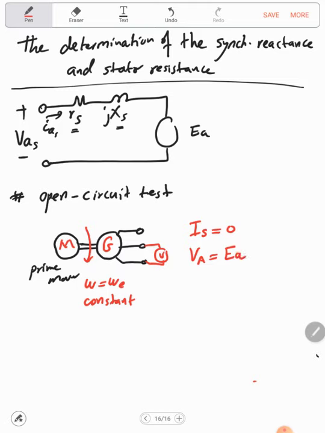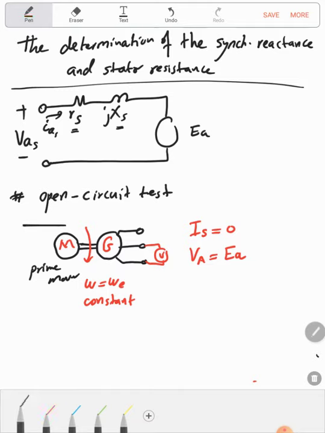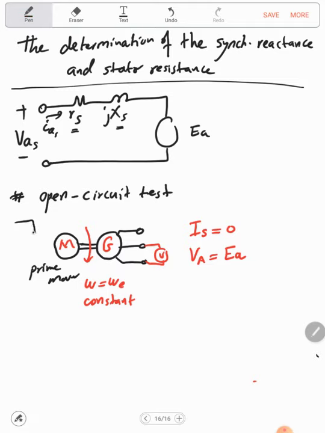Of course, we need to excite the synchronous generator. So this is the field, and this will be the IF.